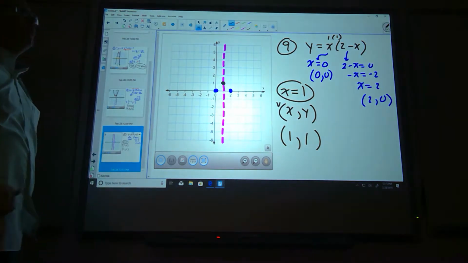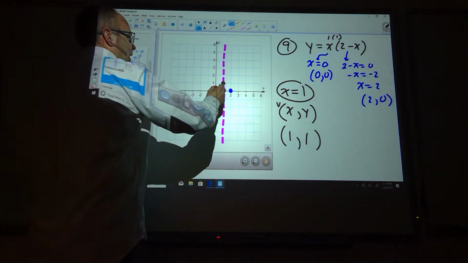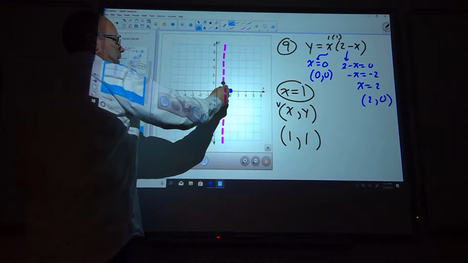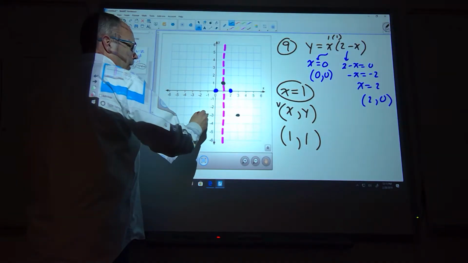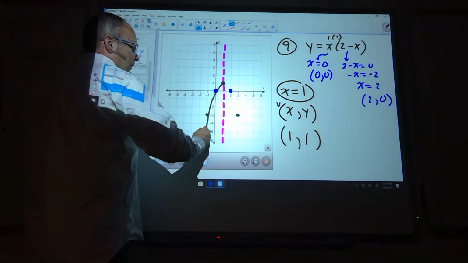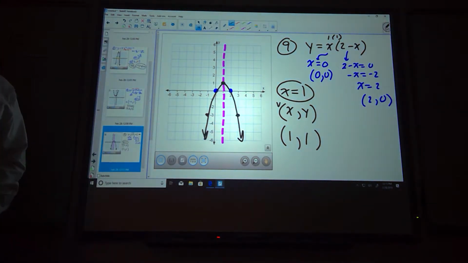Wait a minute, why is this one opening upside down? I mean, this is indeed my parabola, and it's going to go right 1, down 1, 2, 3, left 1, down 3. But why in the heck did it open down? What's going on that's making it open down? Do you think? Because you found the roots first. Okay, but that shouldn't dictate it. There's no x squared in the factored form, but I want you to think about this.